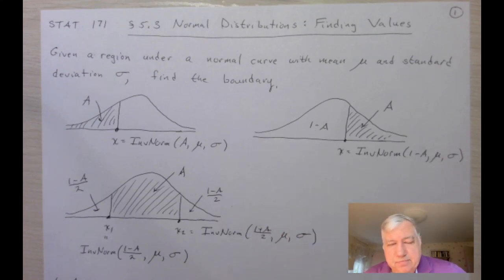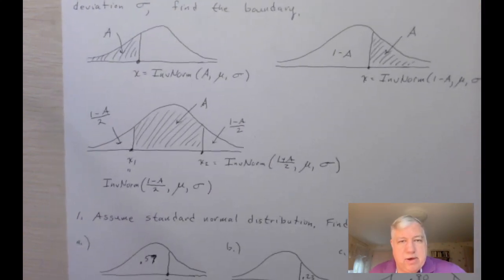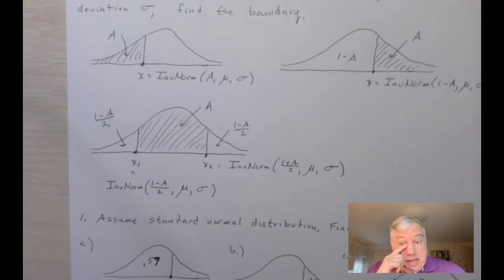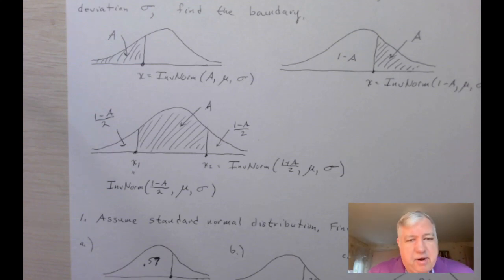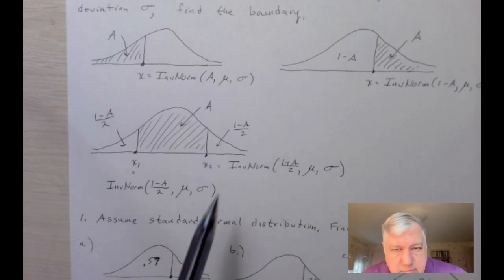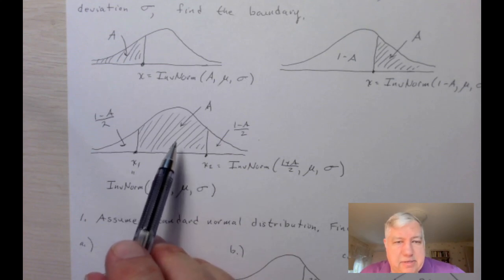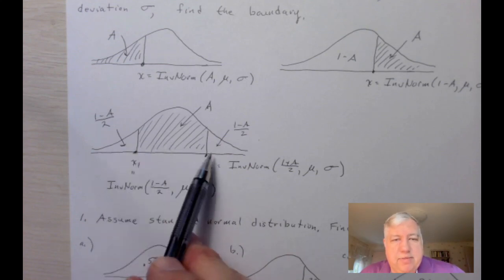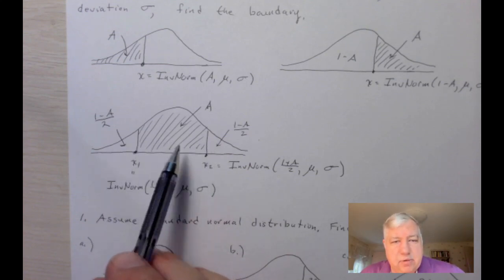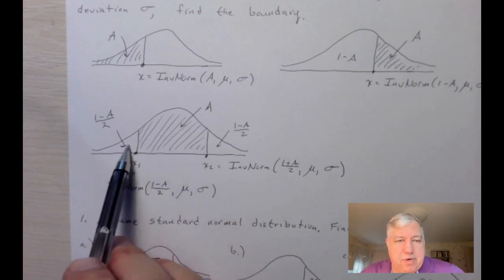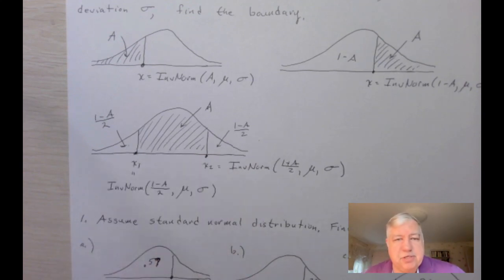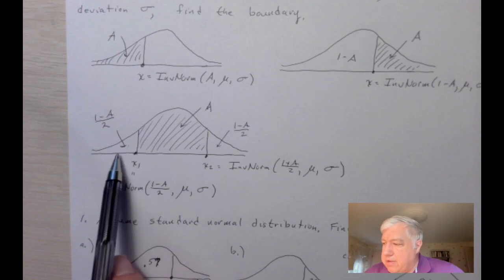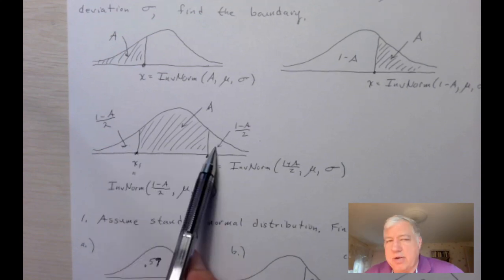And then if you're talking about a finite area like this, let's say this is a symmetric area, symmetric in the sense that this tail and this tail have the same area. Well, you know that this region plus this region plus this region is 1, and these two regions are equal.